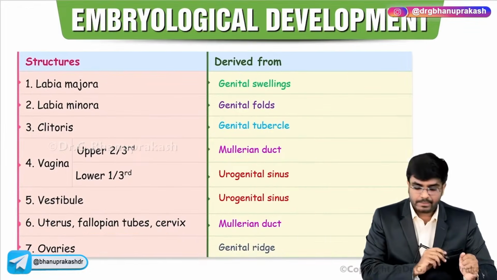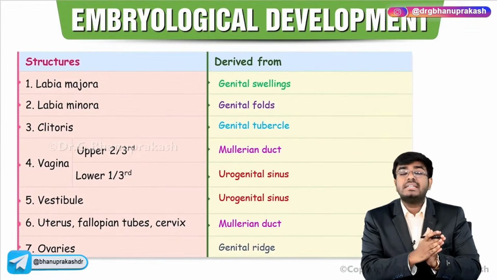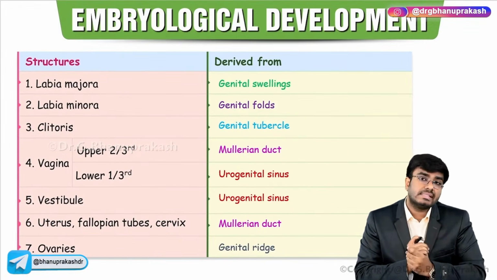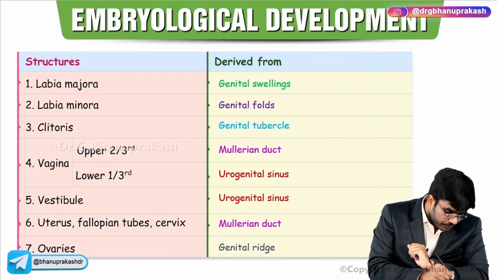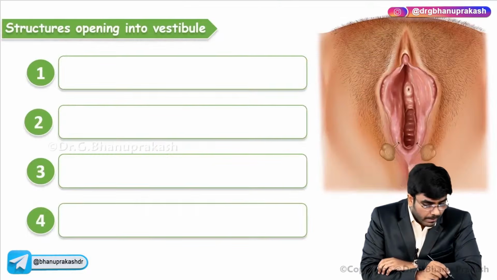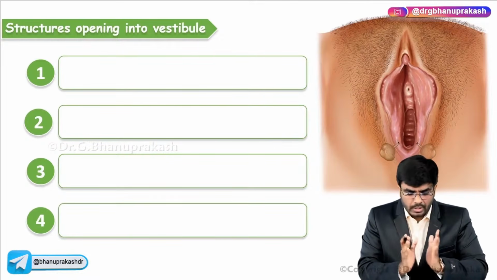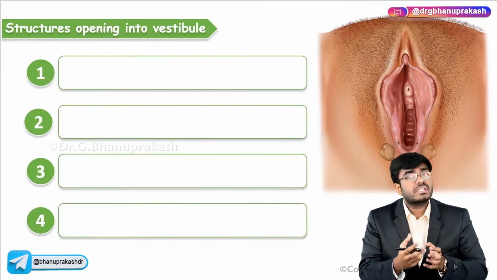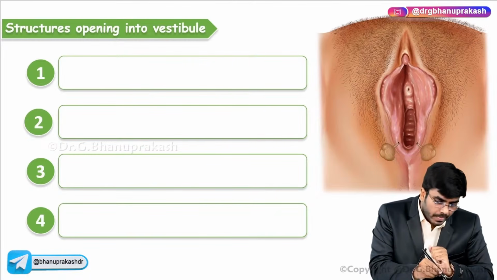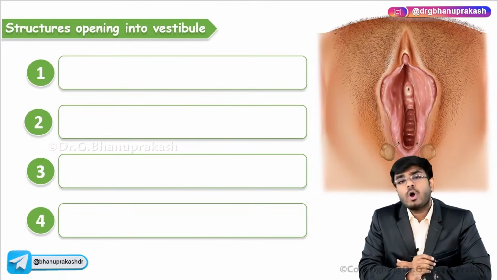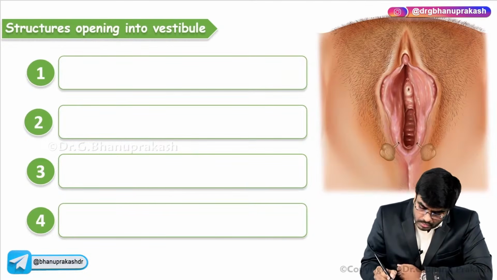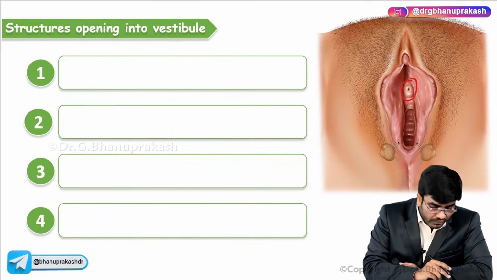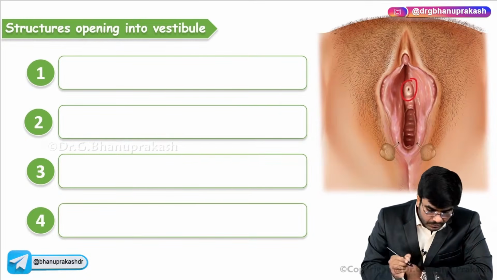Now after seeing the embryological derivatives, let's discuss some important points about the structures which are opening into the vestibule. We have already seen that the urethral orifice opens in that area. Please concentrate.